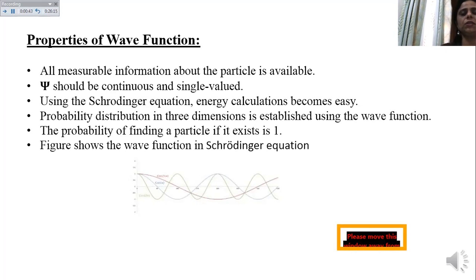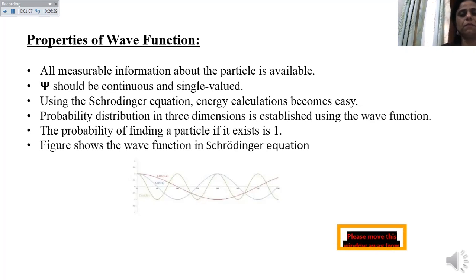Probability distribution in 3 dimensions is established using the wave function. With the help of the wave function, the probability distribution in 3 dimensions tells how much is the probability that electrons occur in the orbits, and these orbits are used to study the particle nature. The probability of finding a particle, if it exists, is 1. When is the probability 1?